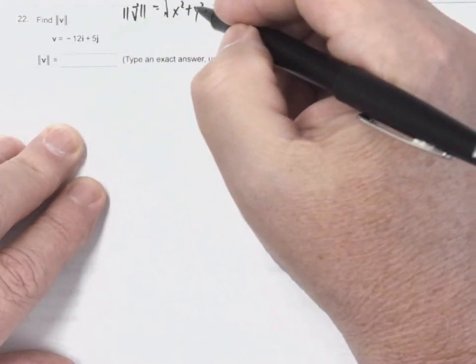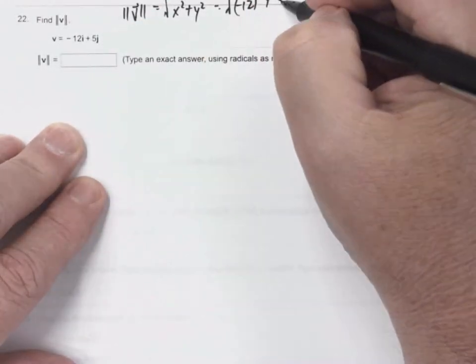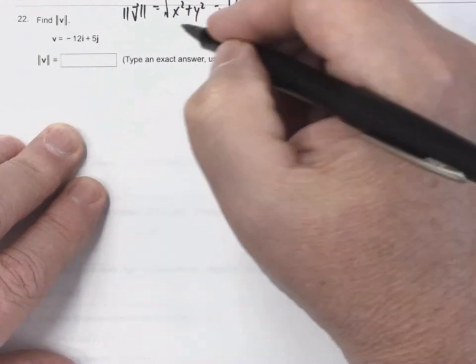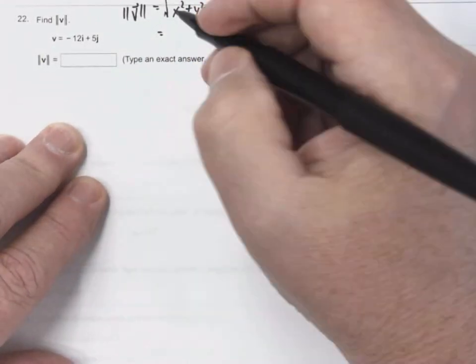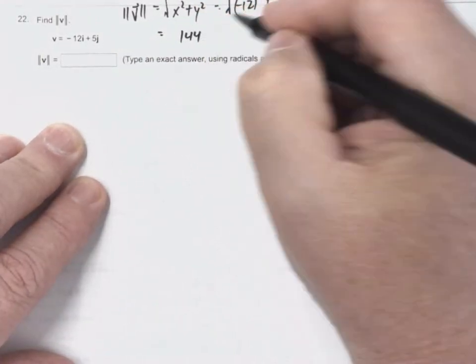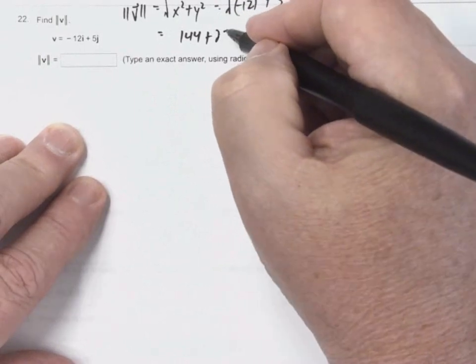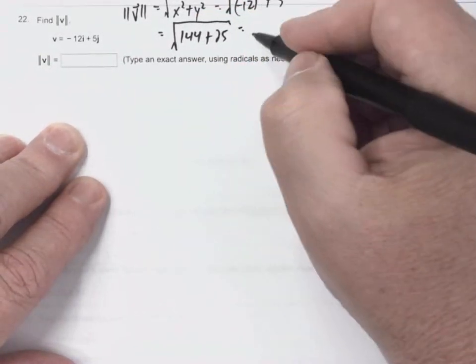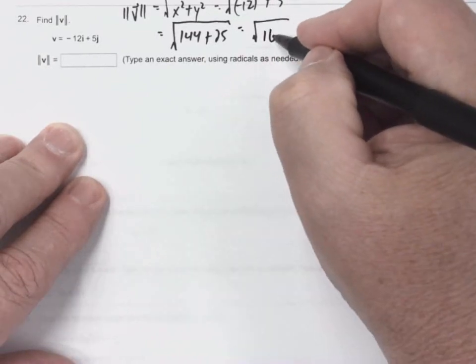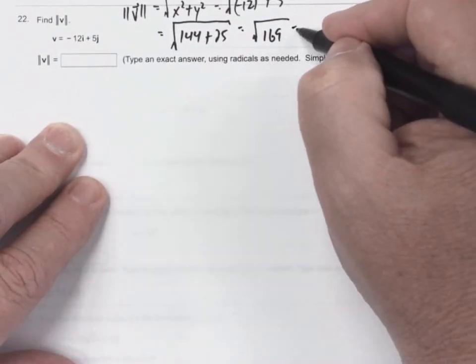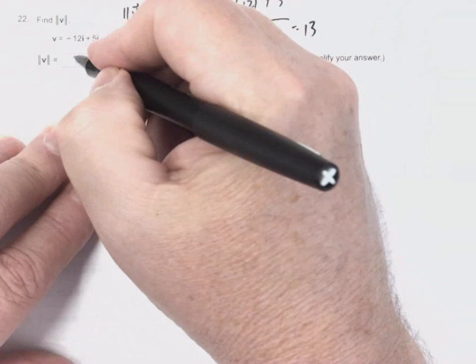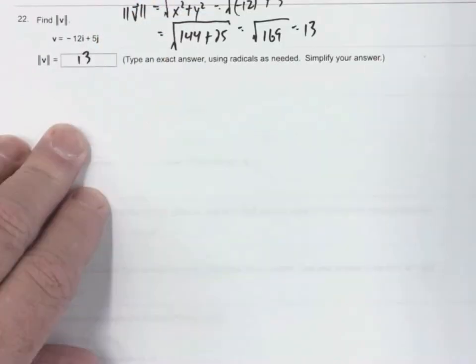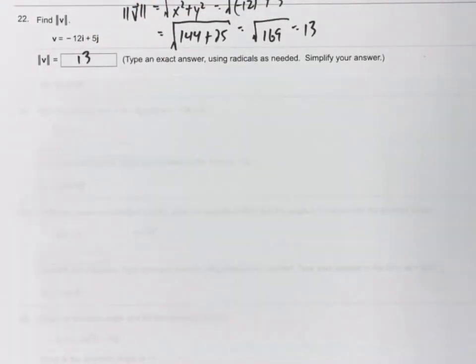And the j part is like y, so 5 squared. So this is 144 plus 25. Looks like it's 13. So pretty straightforward calculation.